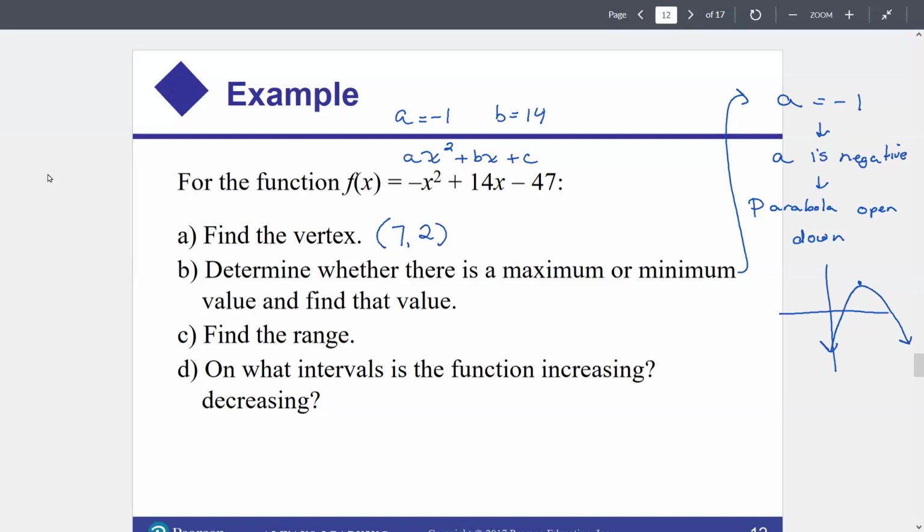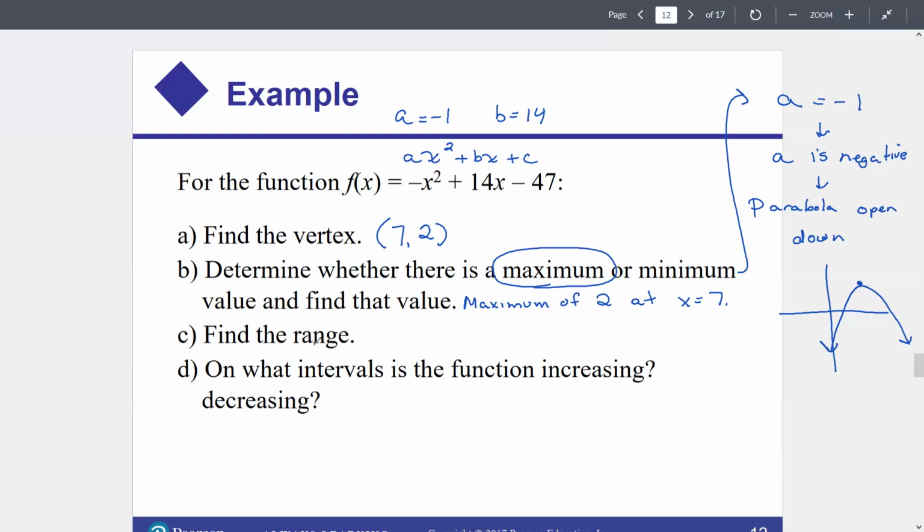Like I said, we're not doing a graph, just a rough sketch to get an idea what's going on. We can see that when the parabola opens down, we are going to have a maximum. So we have a maximum of 2 at x equals 7.